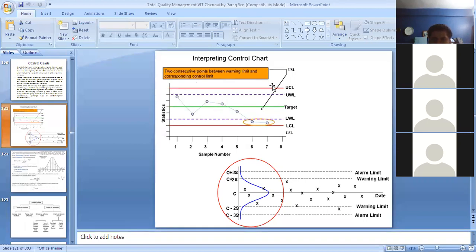It may happen that this particular span is located somewhere here, or somewhere here in this region.